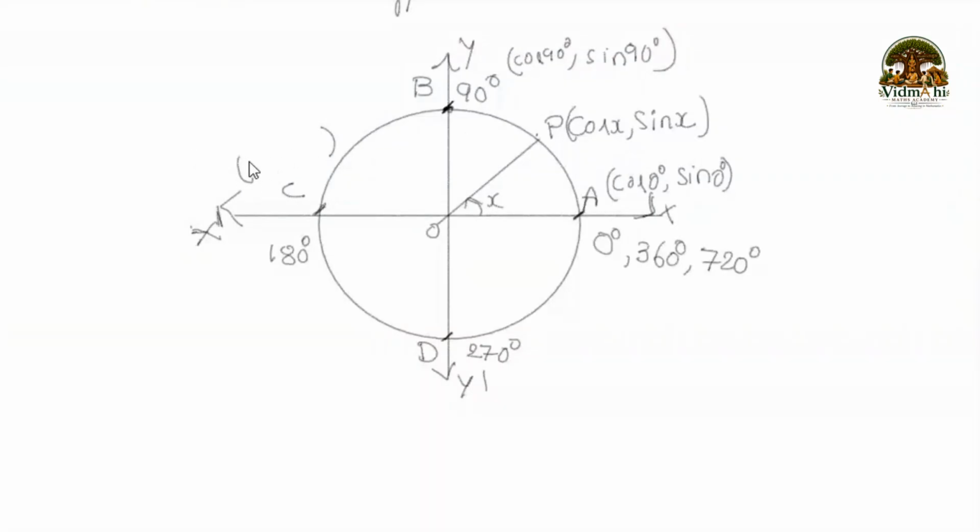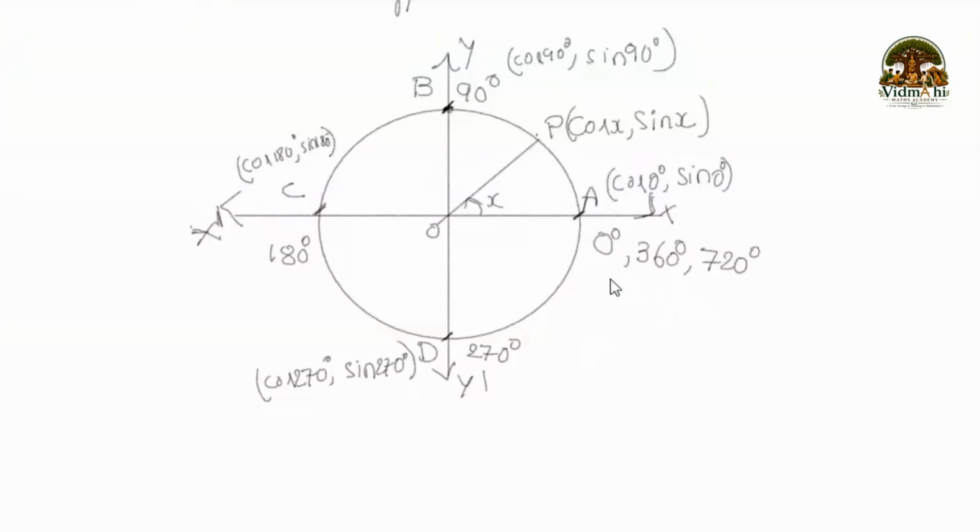The coordinates are cos 180 degree comma sin 180 degree. Next, in this point D, what are the coordinates? Cos 270 degree comma sin 270 degree.